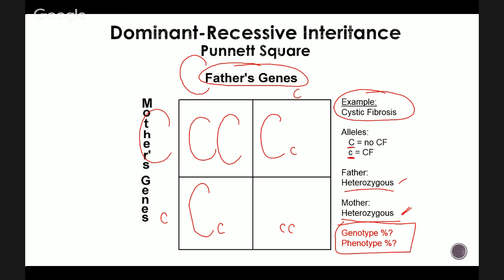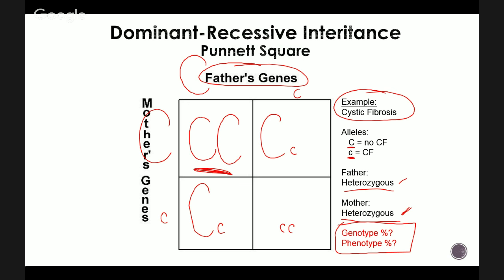Okay, so we have the genotype. Genotype refers to your genetics. Phenotype means physical expression. So let's differentiate here. So the genotype, what percent? So what will we say? 25%.